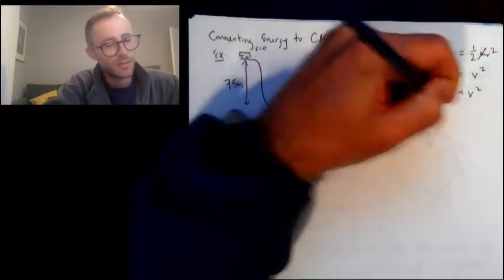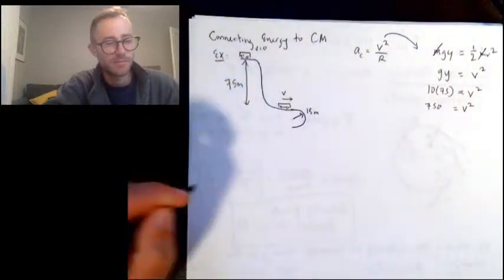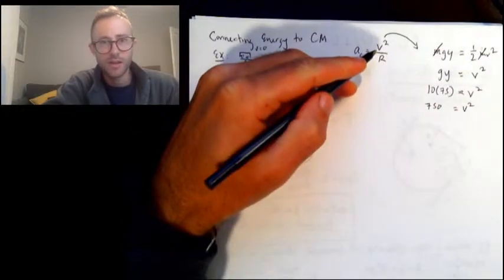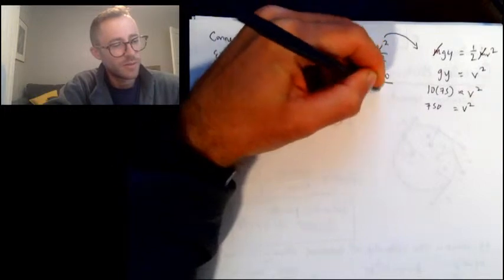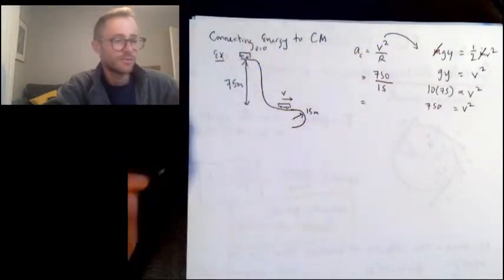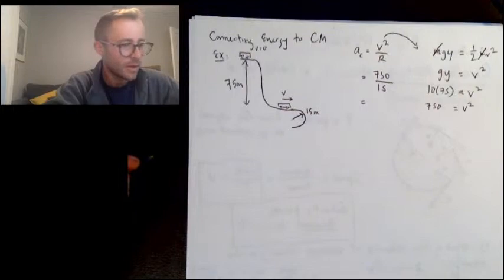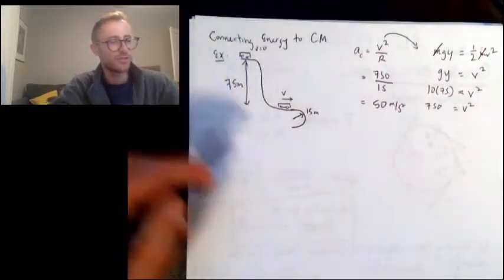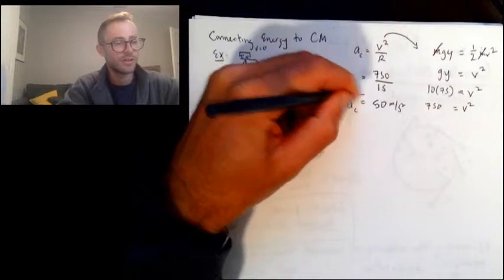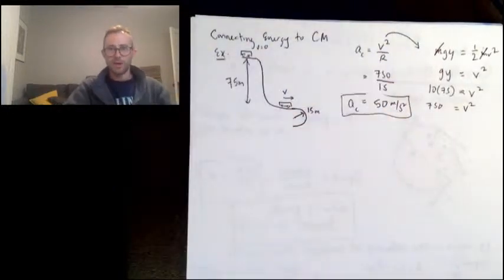So 750 equals v squared. And then I plug that into here. So I have 750 divided by 15 equals 50 meters per second squared. So that's the centripetal acceleration that the riders would experience at the bottom.